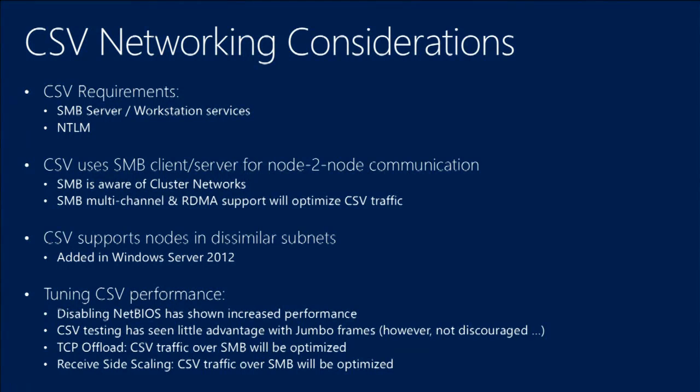So if SMB multi-channel works better with jumbo frames, then it's okay to have jumbo frames enabled for your CSV traffic. And TCP offload as well as receive side scaling just work fine for cluster shared volumes.